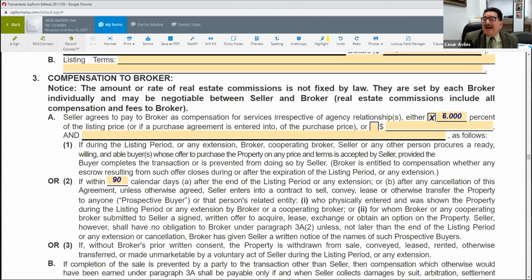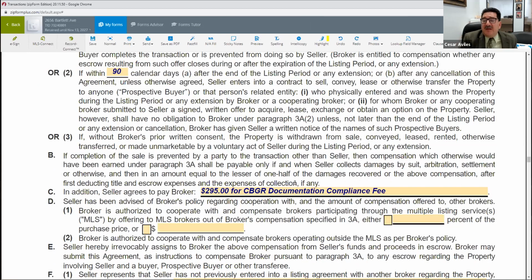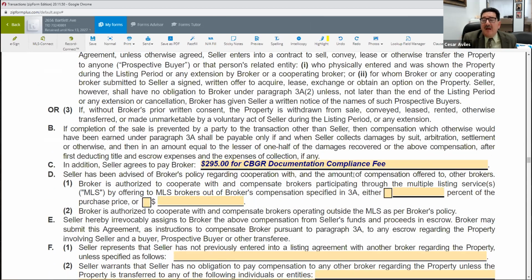But since we discount commission, we have no choice but to charge you a management fee, a document compliance fee, to make sure that the DRE can check our files. We also store these files electronically for up to 5 years, okay? The law says 3 years, we store them for 5 years. If you need anything within the next 5 years from your file, we can electronically retrieve it and give you a copy at no charge, right?